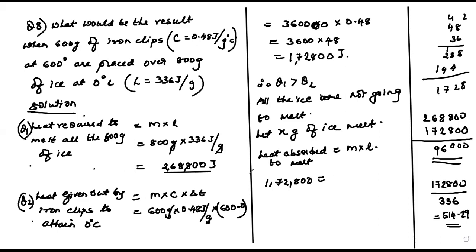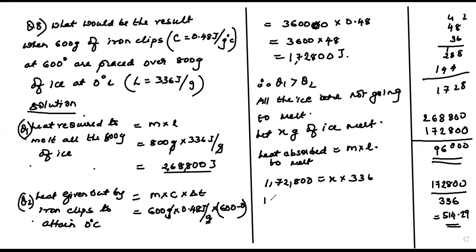Only 1,72,800 heat is available to it, that is from the iron clips when they all get converted to 0 degrees Celsius. So much heat is given out. And M into L, sorry, L we know, M we don't know. M we are taking as X. Let X gram melt, and L is 336.